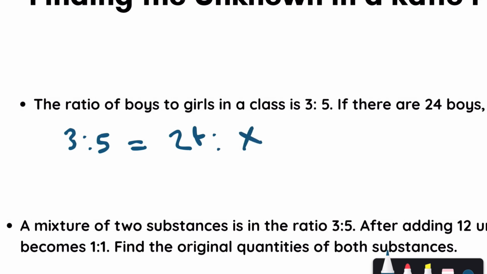How do I know that 24 is the quantity of 3? Because this says boys to girls, 3 to 5, and the number of boys is 24. So 3 to 5, 24 to X, because boys had come first in the question.